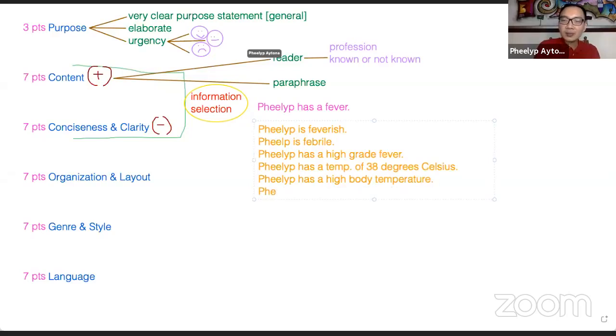JP says Pheelyp has increased body temperature. Merle Marion says Pheelyp's temperature is about normal. Okay. 3 more.